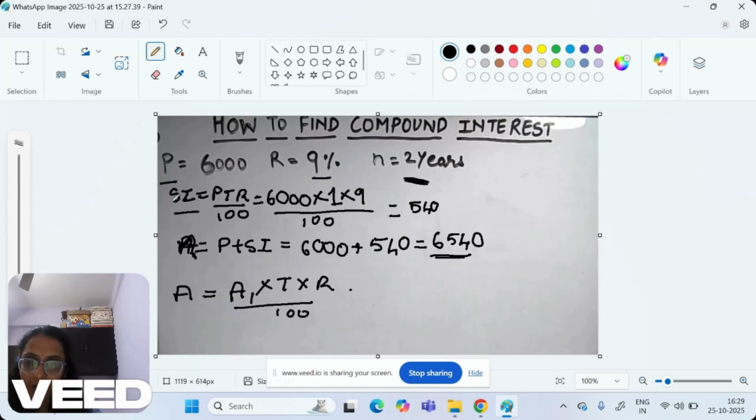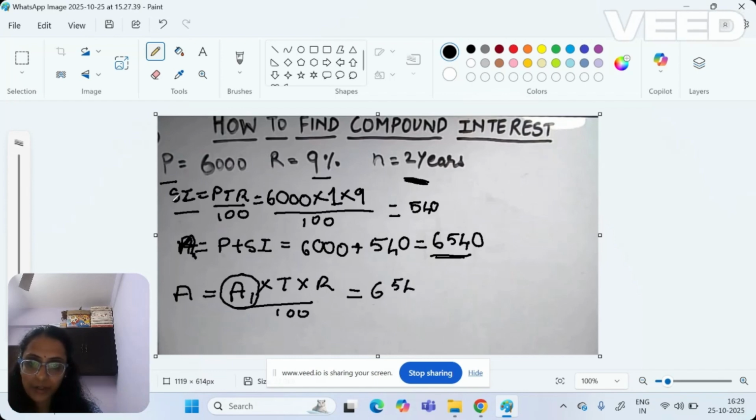So I am finding the interest based on the new principal amount, 6,540 rupees, with the time duration 1 year and rate of interest 9. I have taken it as 1 year because the previous year's interest, 540, is already calculated. For the next year I again consider 1 year, because we are taking the new principal amount, divided by 100.